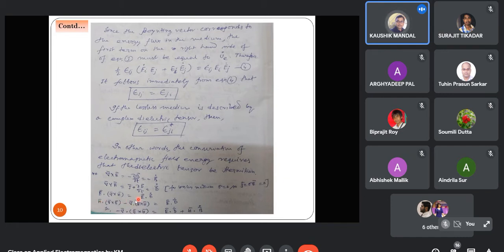Now divergence of E cross H, you can write from the basic vector identity, as equal to H dot of curl E minus E dot of curl H. So basically it has been rearranged in this particular format. In place of E dot D dot, you can write E dot of curl H.